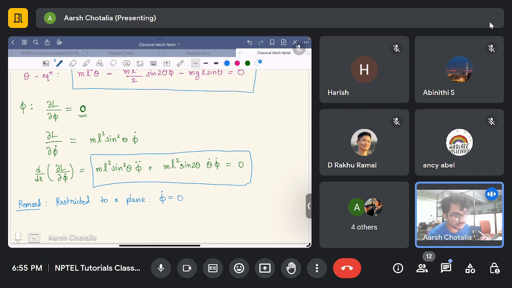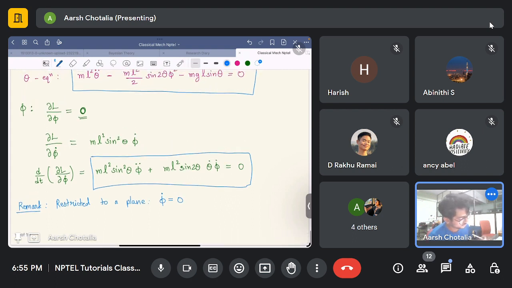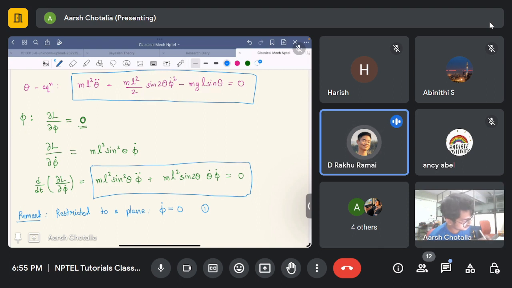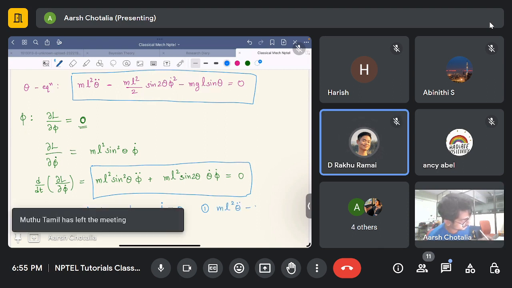We are not allowed to change phi, basically. In that case, what would the first equation look like? m L squared theta double dot minus mgL sine theta equals 0. Is that a familiar equation?